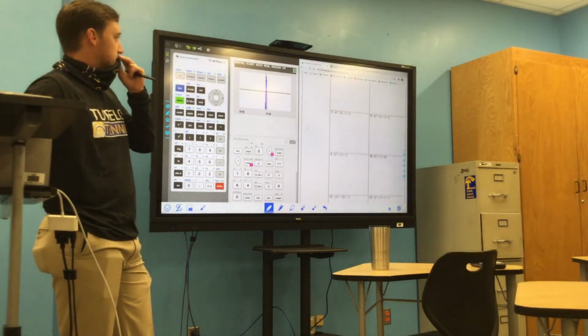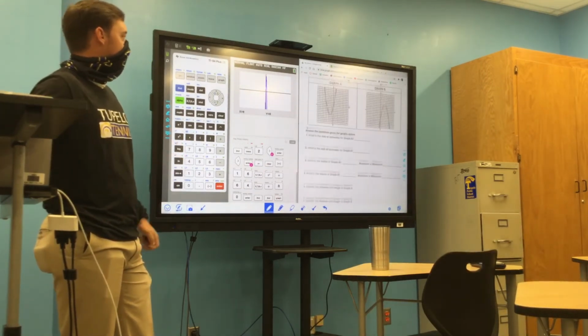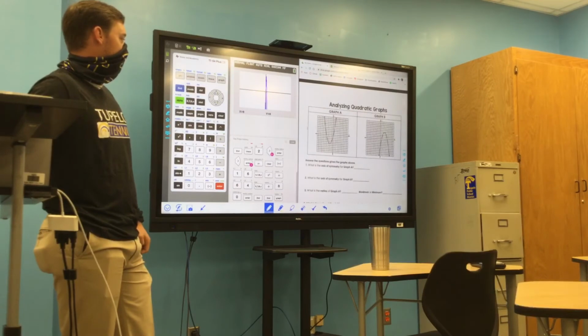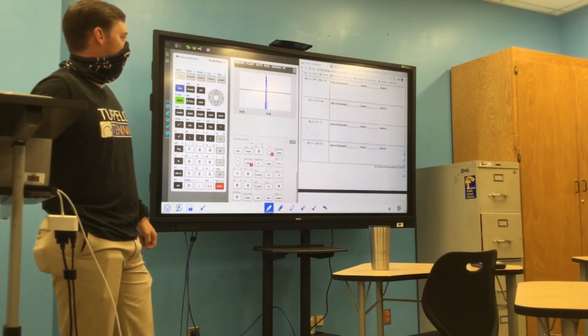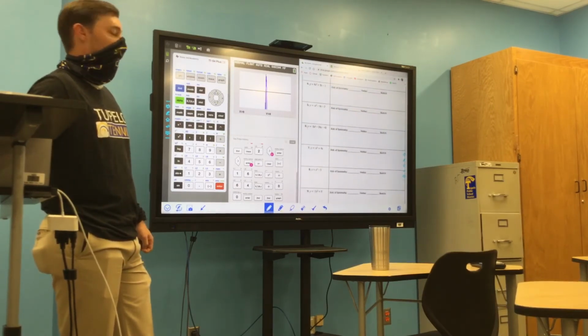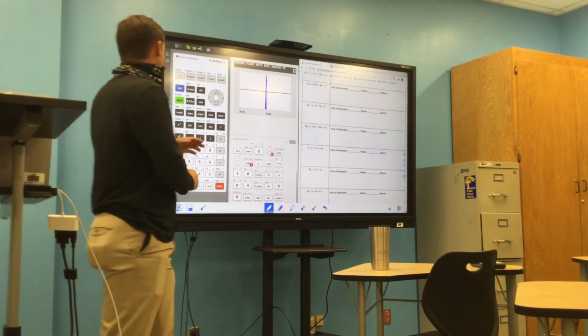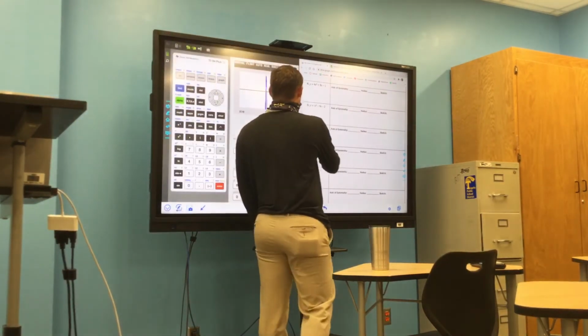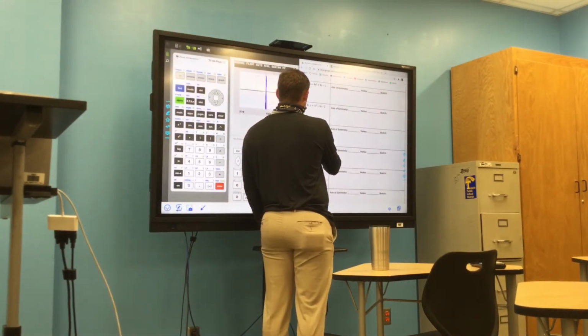We've worked on solving the last couple of days, so I'm not worried about that. Remember axis of symmetry. Axis of symmetry is x is equal to the opposite of b over 2a.